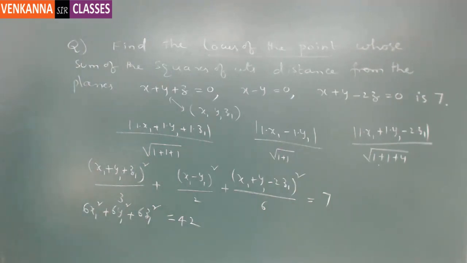If you cancel 6, x1 square plus y1 square plus z1 square is equal to 7. Hence the required locus is x square plus y square plus z square equal to 7. So that was the required locus satisfied by the point. Please take a note of it, right?